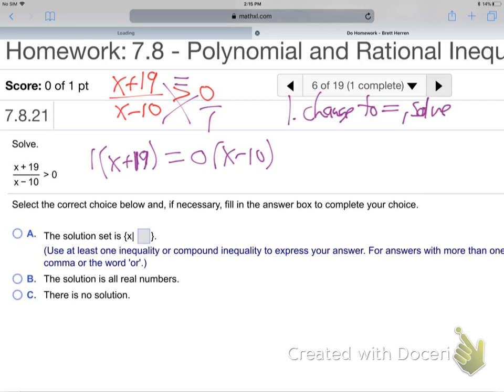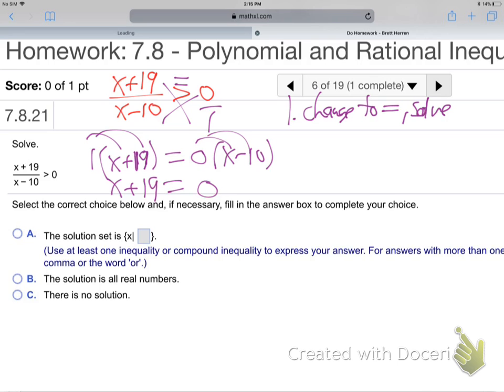Keep working. And distribute. And 0 times anything is 0, huh?